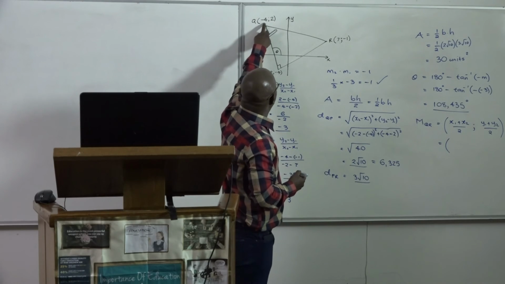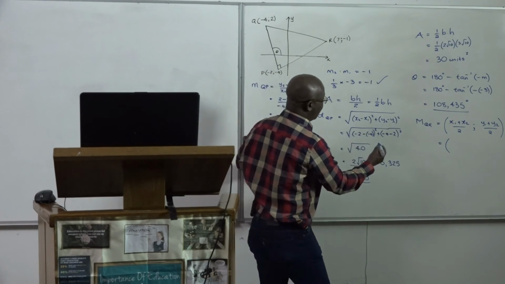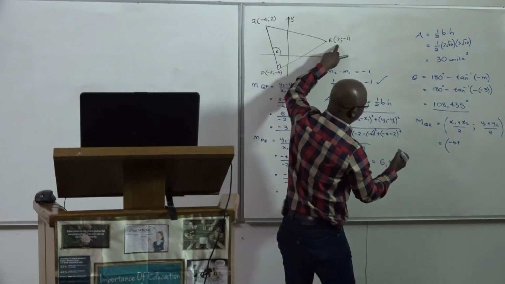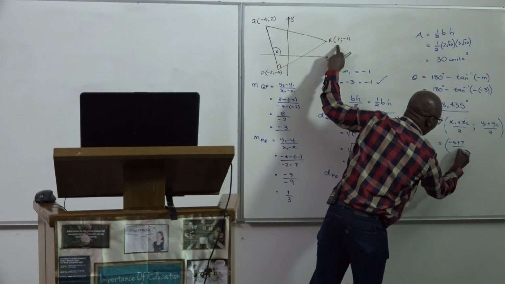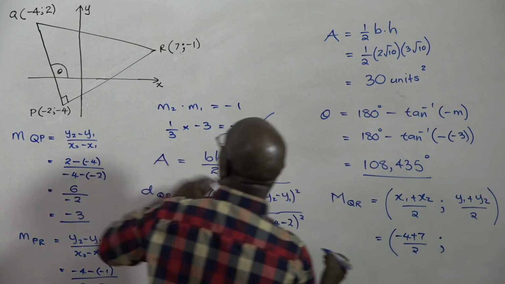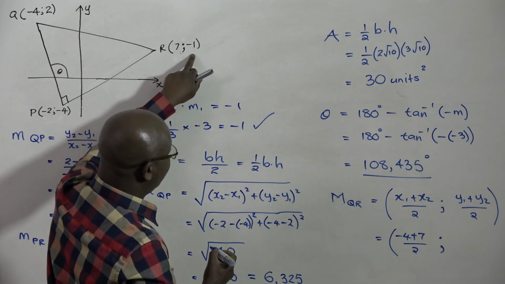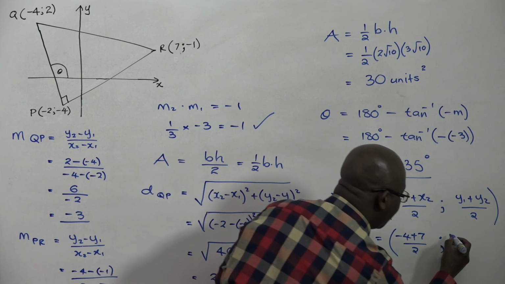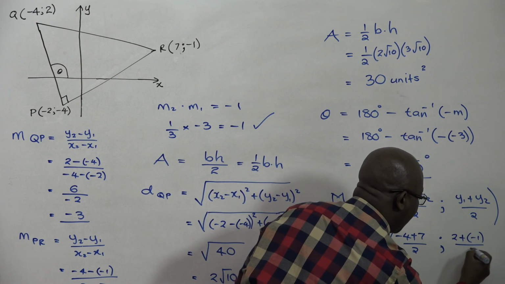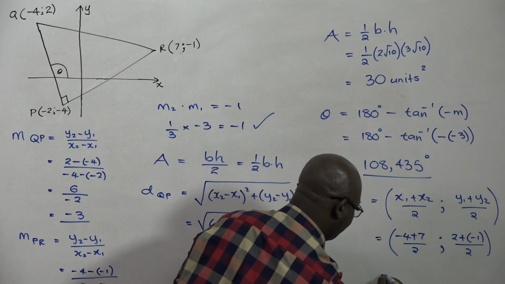So if I take this as the ones, it becomes minus 4 plus 7 over 2, and then for the y's, I'll have 2 plus minus 1, again over 2.